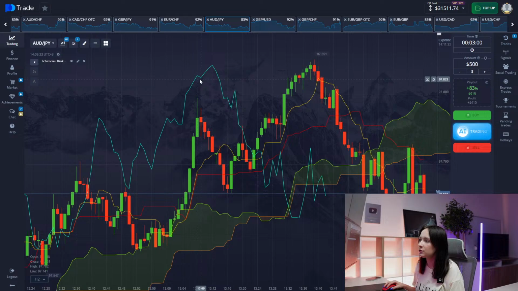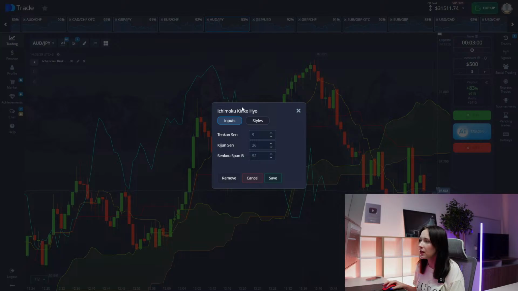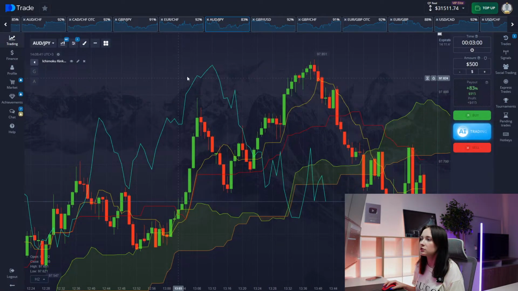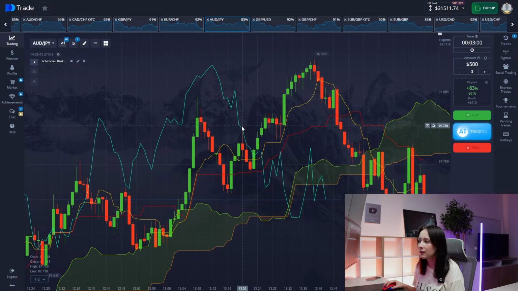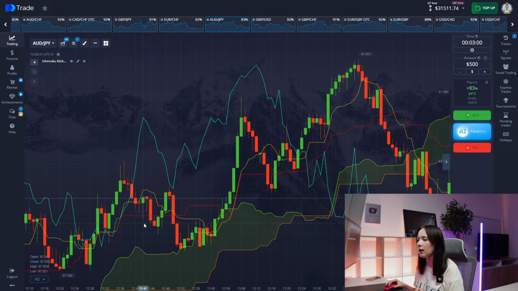So let's come to the blue line. If you go to the settings, you can edit it, but that's not the most important thing. The blue line is called the conversion line, and the red line is called the baseline. These two lines are just smoothed moving averages: the blue conversion line with a 9 period, and the red one with a 26 period.